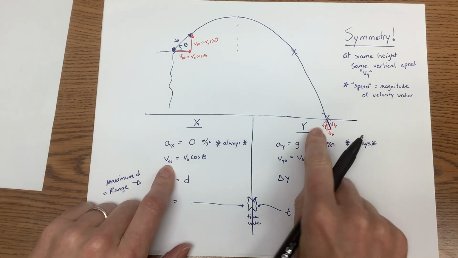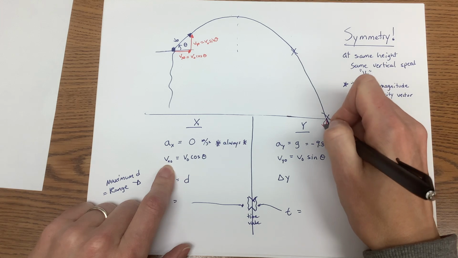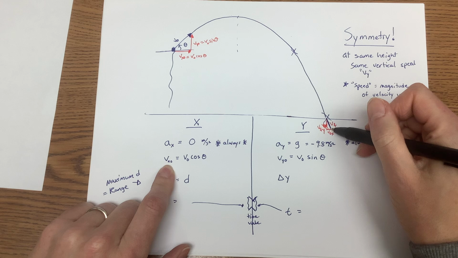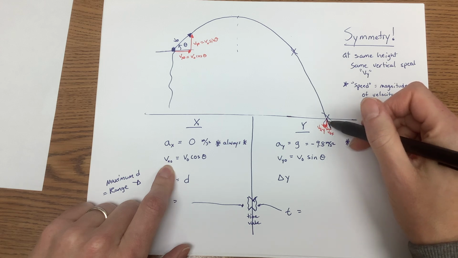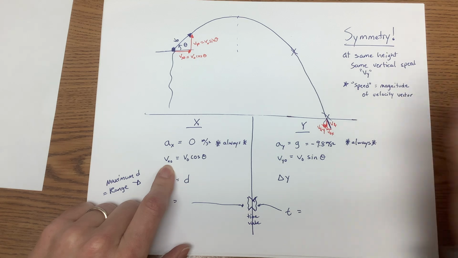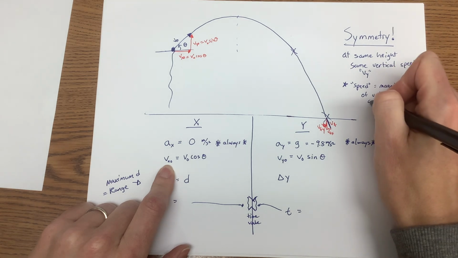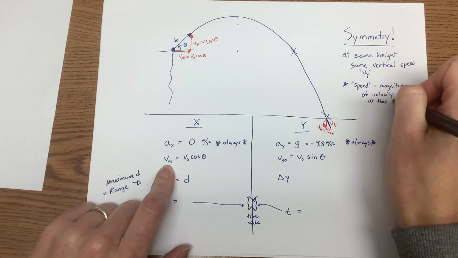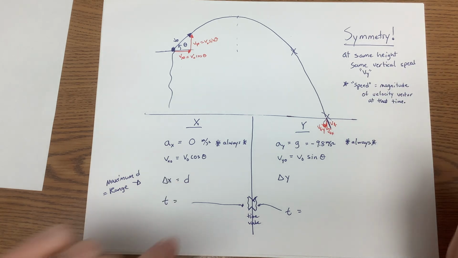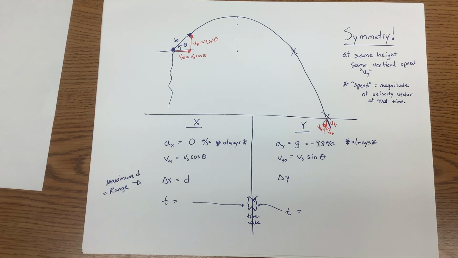So you just have to find VFY. And then you just have to find the resultant, that hypotenuse of that triangle again. And so VF is going to be the speed. It's the magnitude of the velocity vector at that time. Okay, so pay attention to what the question's asking to make sure that you're answering the question that it's asking.